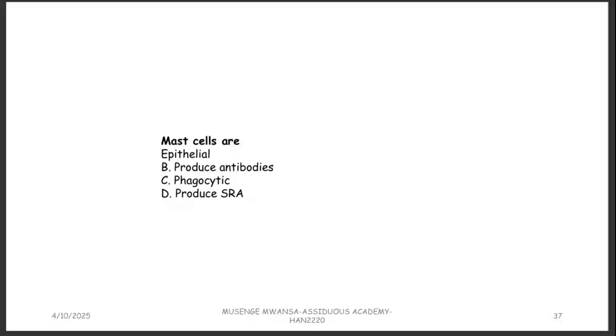Mast cells: A, mast cells are epithelial; B, produce antibodies; C, phagocytic; D, produce SRA. Anyone? What can you pick? Phagocytic in nature? Unless macrophages.